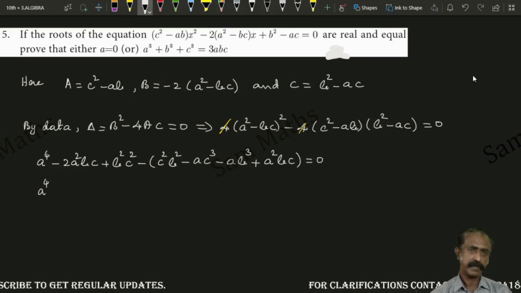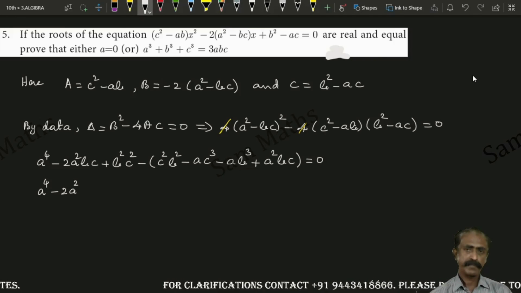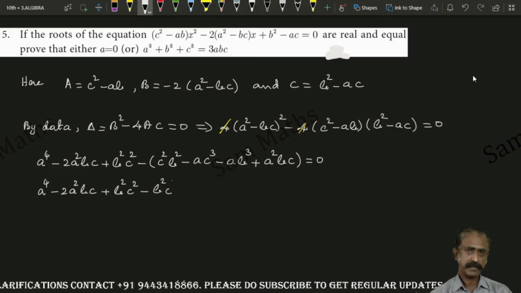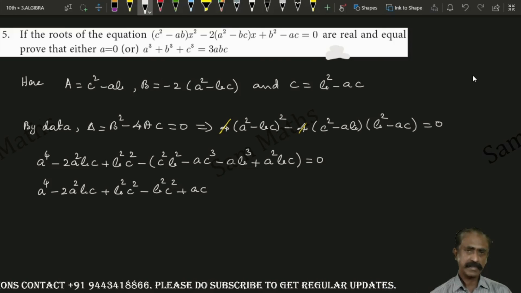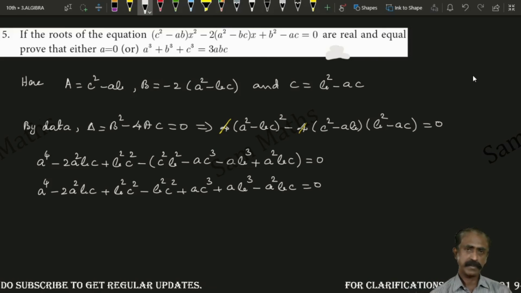A power 4 minus 2a square bc plus b square c square minus b square c square plus a c cube plus a b cube minus a square bc equal to 0.